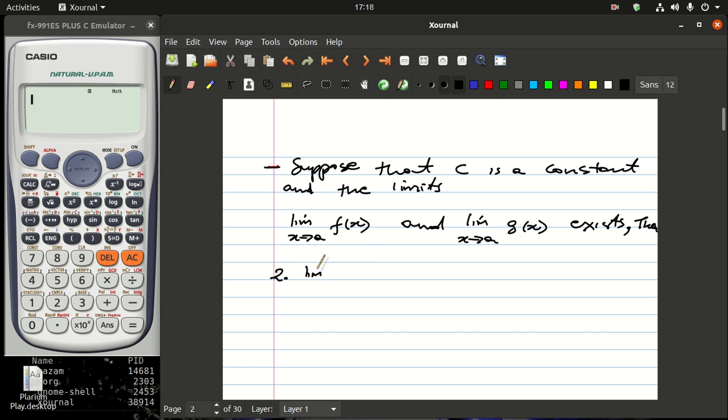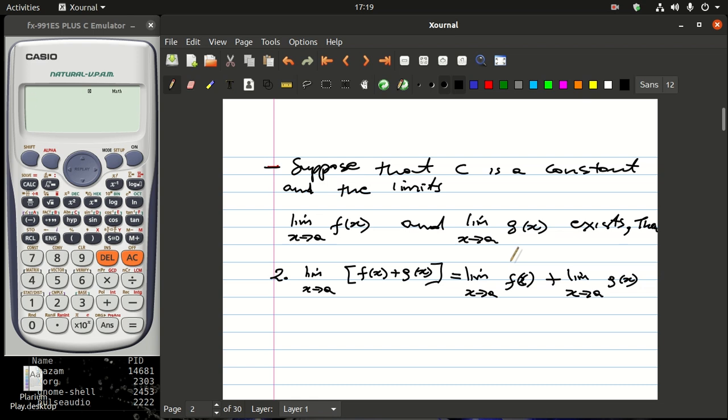If you take the limit as x approaches a of f of x plus g of x, then you will get the same value as if you were to first take the limit as x approaches a of f of x, and then add it with the limit as x approaches a of g of x. So you can either split this, take the limit of this first, take the limit of that, and then add them. Then the answer you're supposed to get is the same.